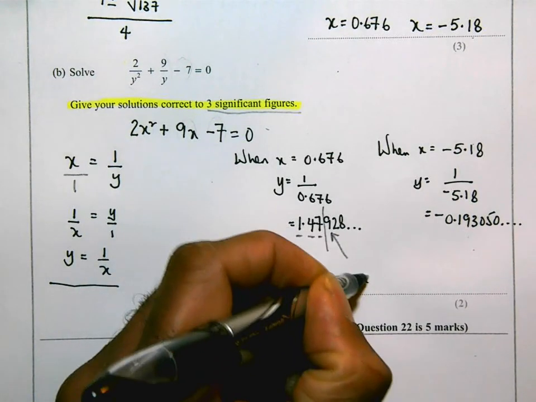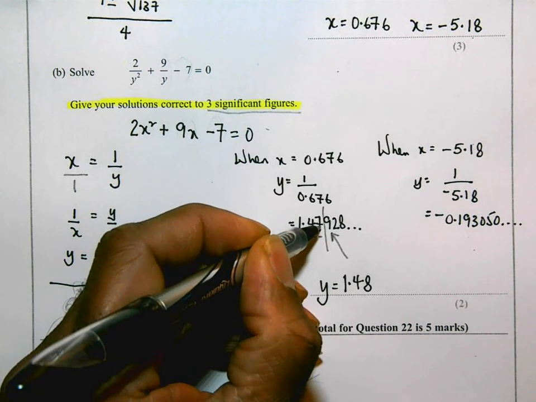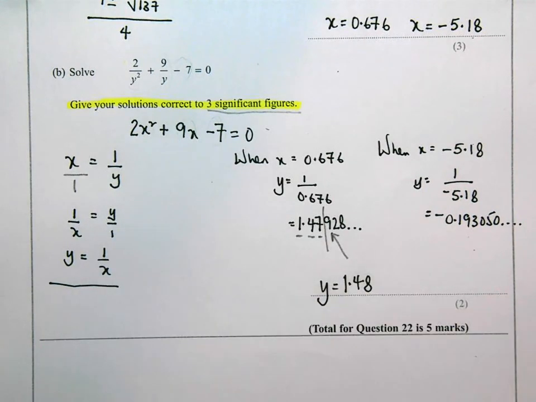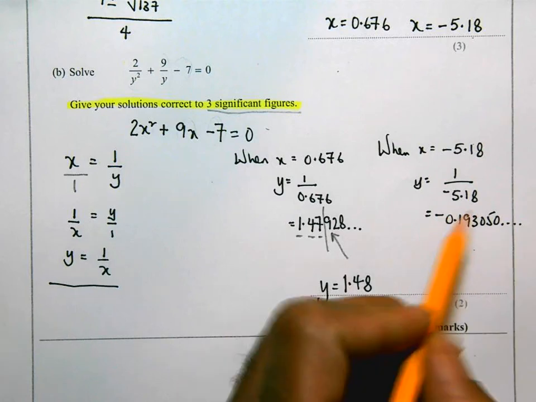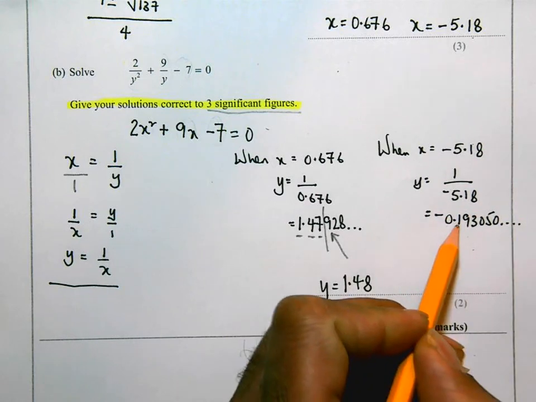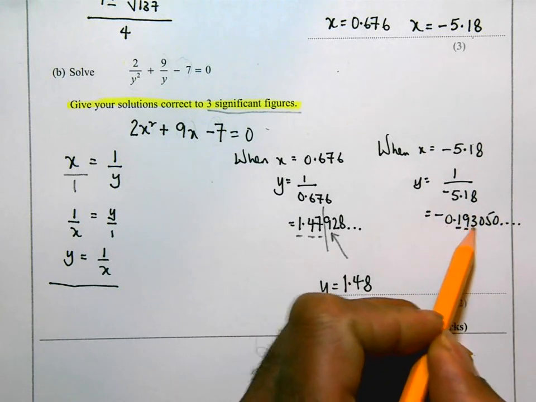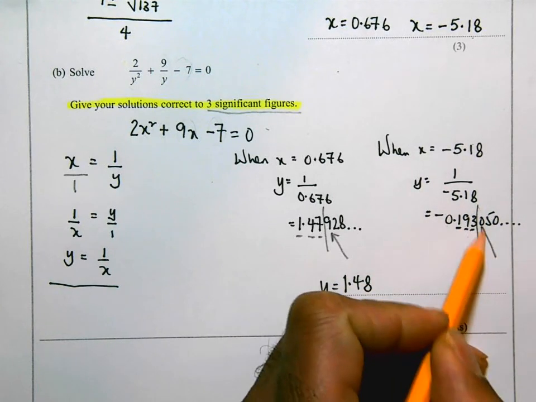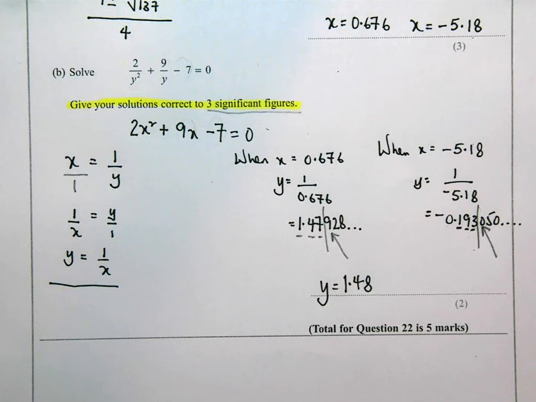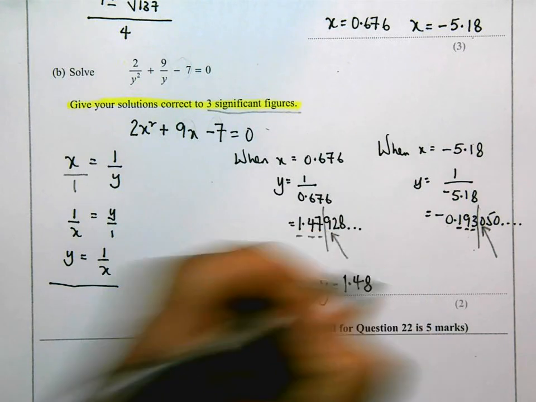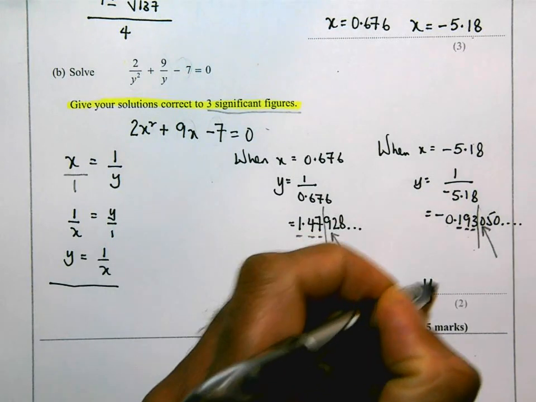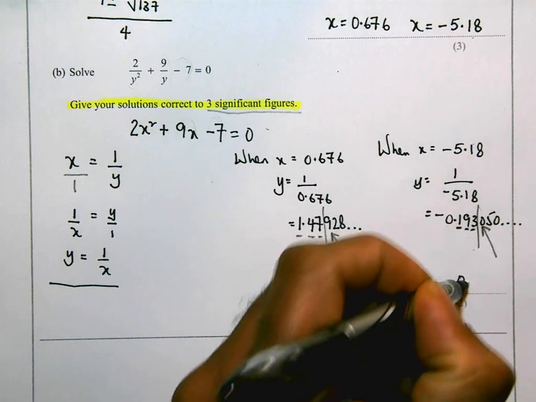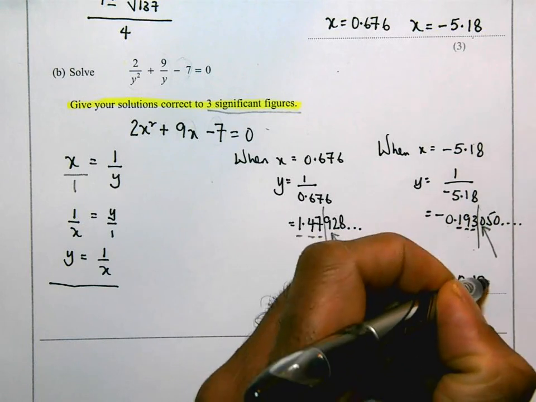And on the other side, don't count the 0 to begin with. I'm going to do 1, 2, 3, and cut it off there. The next number along is a 0. So to 3 significant figures, y is going to be minus 0.193. Okay, there is my answer to this, and it's just 2 marks.